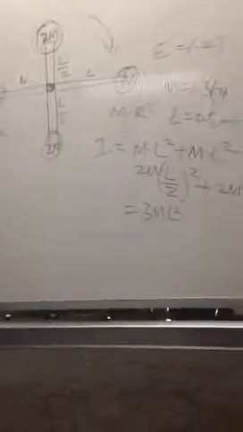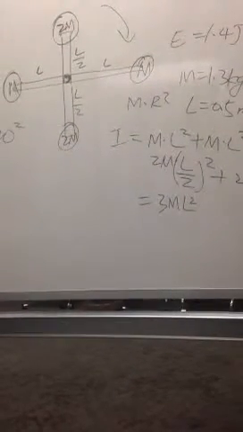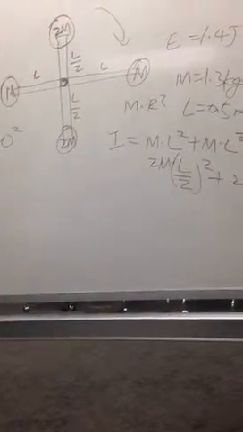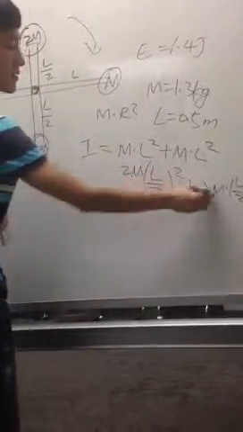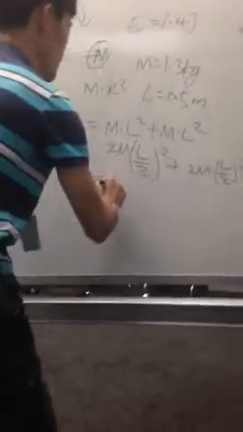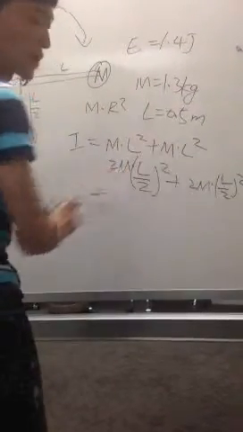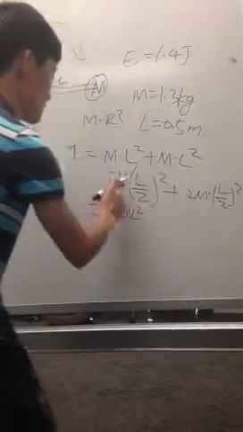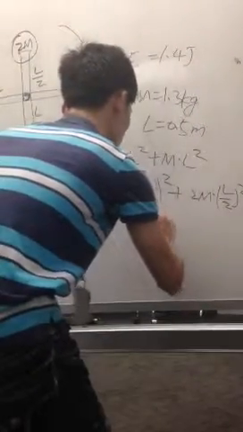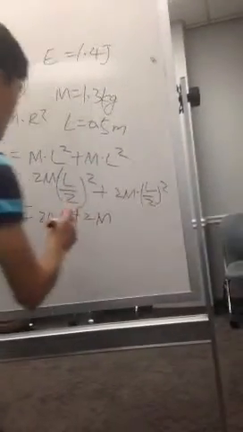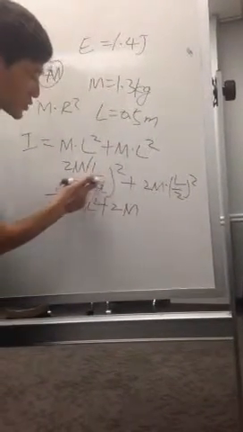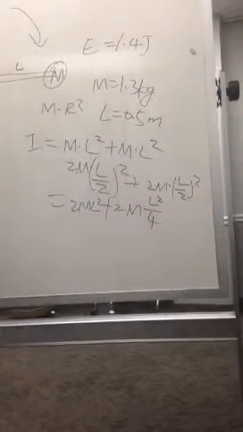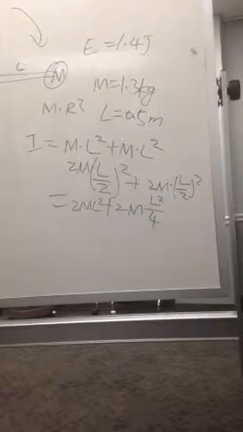How did you get 3 m L squared? Let's do it. You understand here? Yeah. So here will be 2 m L squared, right. Here will be 2m plus, right? 2m. L over 2 squared will be L squared over 4. Okay.